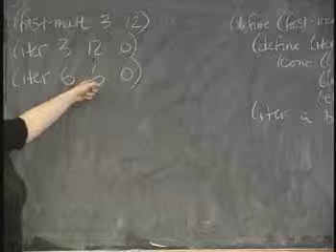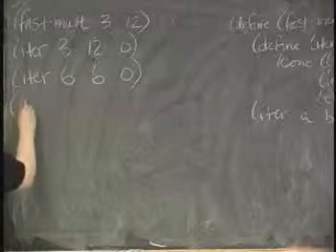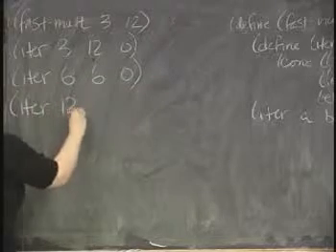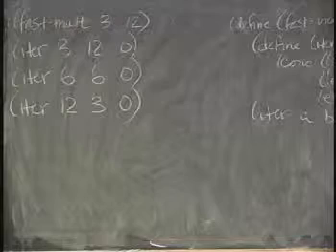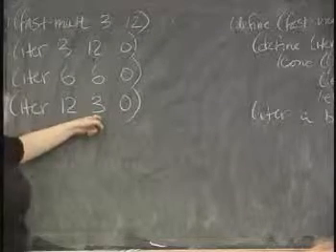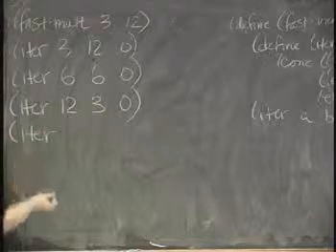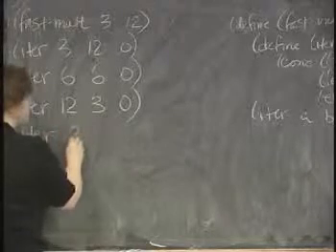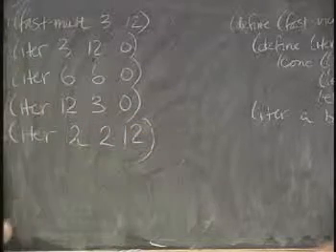Is this 0? No. Is it even? Iter double A, half B, pass result. Coming in, B is not 0. B is not even. So we call iter on A, 12 to 12.